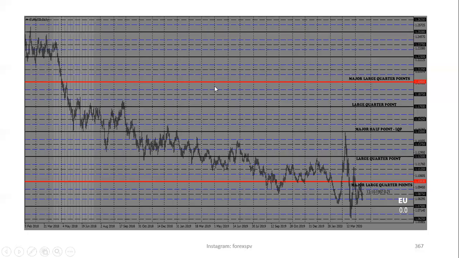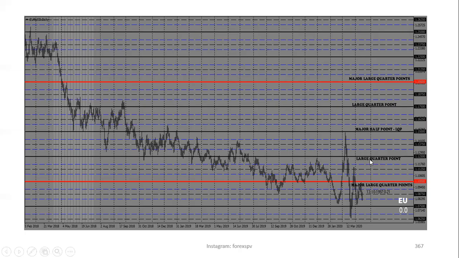So I loaded only the quarter indicator on this chart, EURUSD daily time frame. These are the major large quarter points, which mark the end and the beginning of the 1,000 pip range. So this is 1.10 to 1.20. And we have this 1,000 pip range divided into 4.